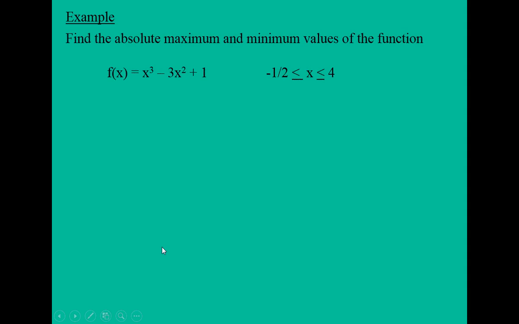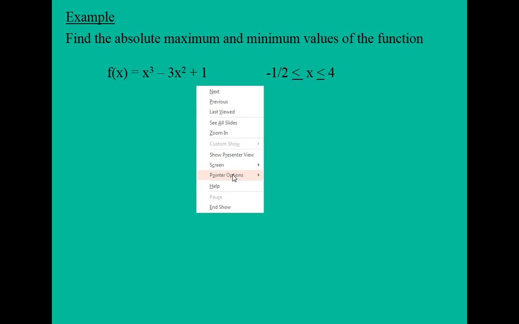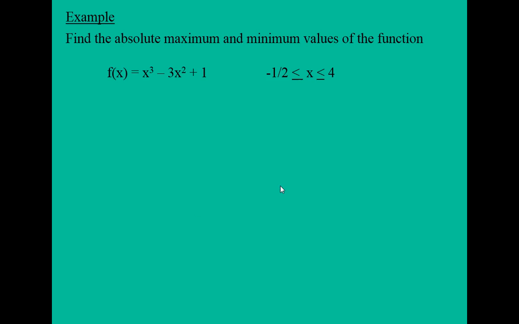Find the absolute maximum and minimum values of the function x cubed minus 3x squared plus 1 on the interval -1/2 to 4. First, we're going to find our derivative so we can find our critical numbers. So f prime of x equals 3x squared minus 6x.